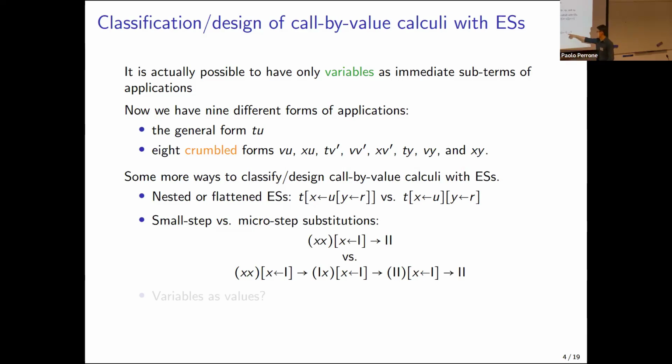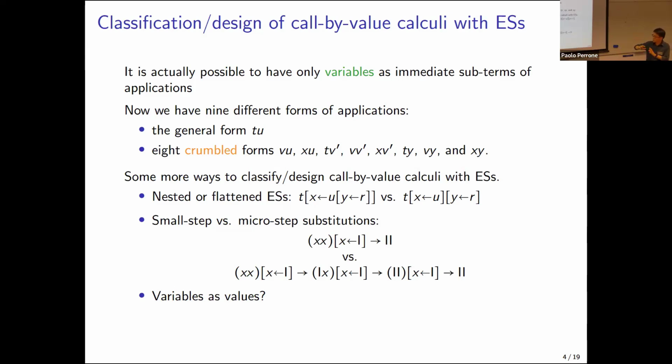And then you have to do a sort of garbage collection at the end to get I applied to I. So this is what I call micro-step substitutions. And also you can decide whether variables are considered values. So now you have many different ways to design call by value calculus with explicit substitutions.